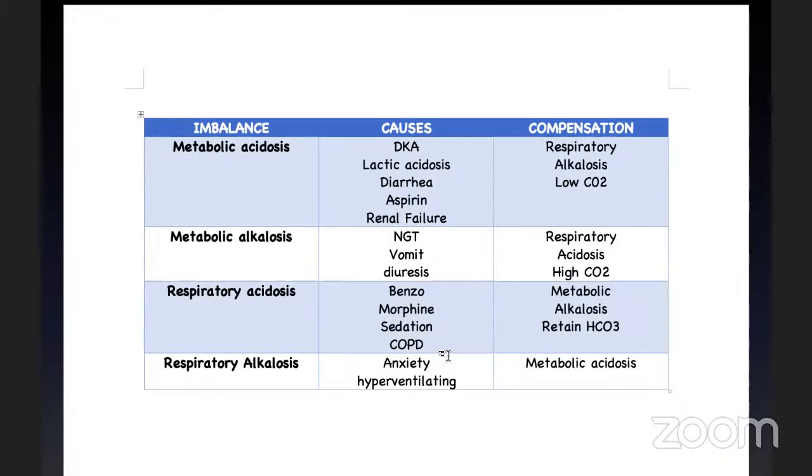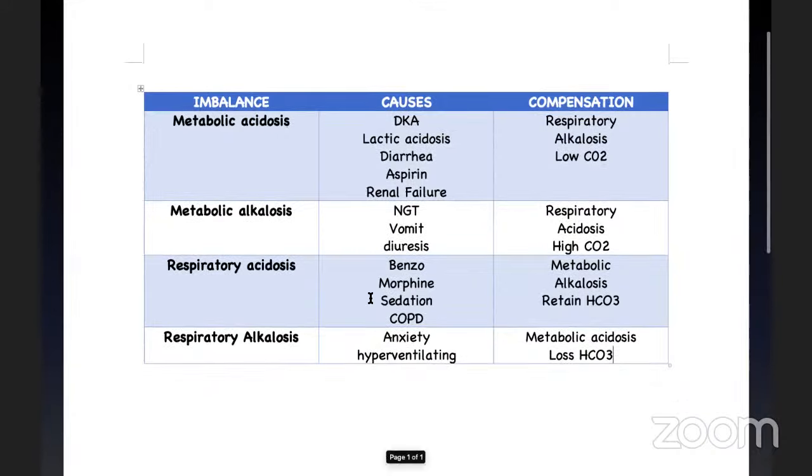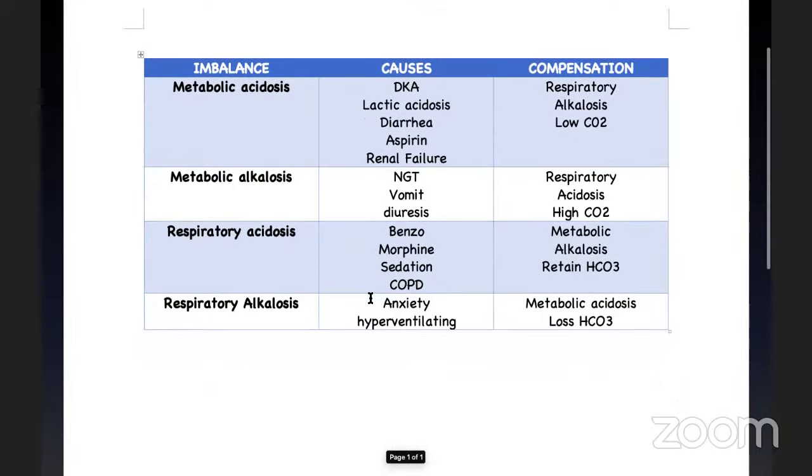Acidosis. Opposite, metabolic acidosis. What is metabolic acidosis? The kidney is going to lose a bunch of bicarb. That's all. This is your table. This is your compensation. That's how to remember them. It shouldn't be that difficult to figure out.